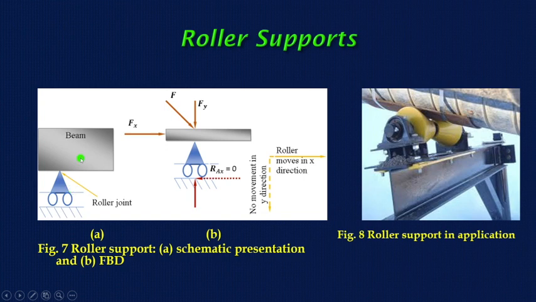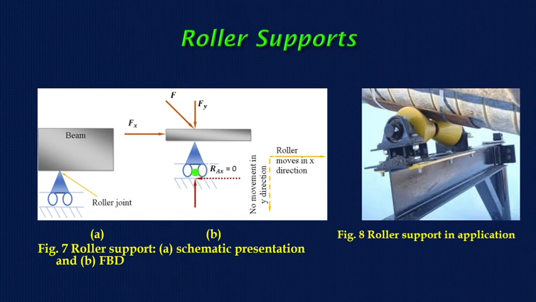Now, as I have told you, the roller resists the vertical movement, no movement in y direction. But in the x direction, it's possible that the roller is moving. So as in x direction roller can move, there is no x component of reaction. But in y direction, movement is not possible, so there is a y component of reaction.